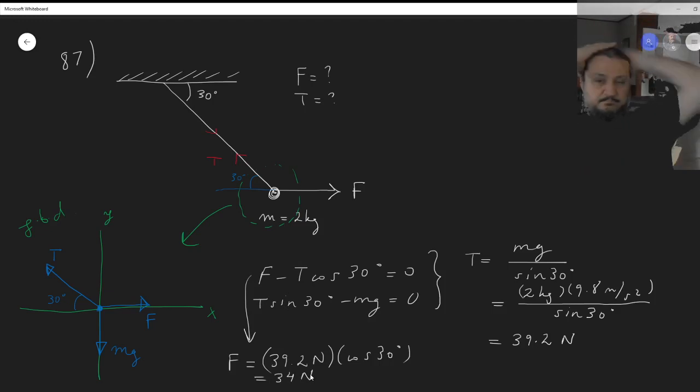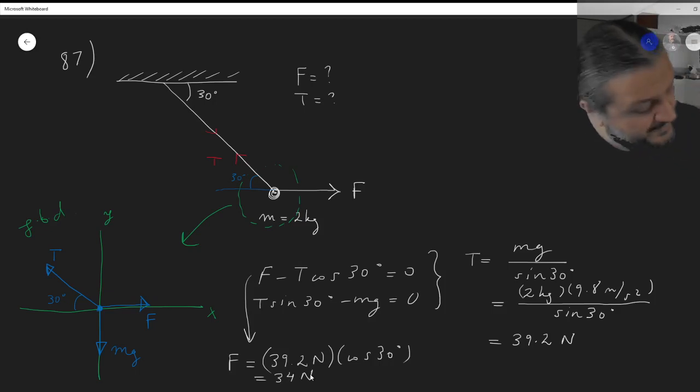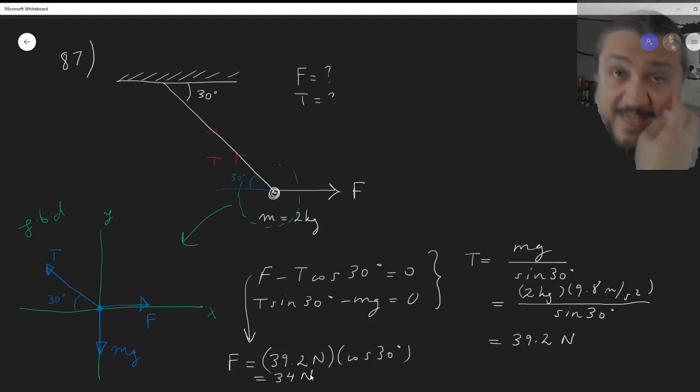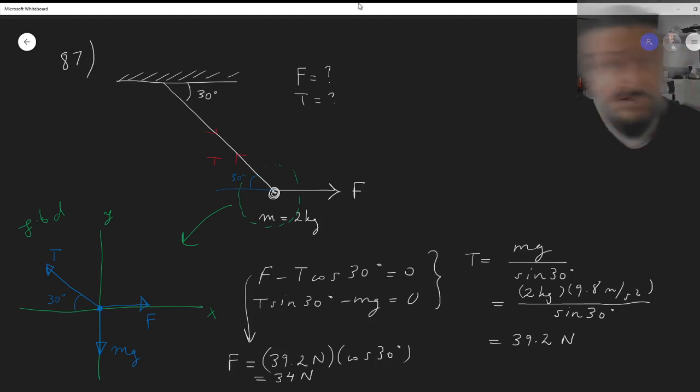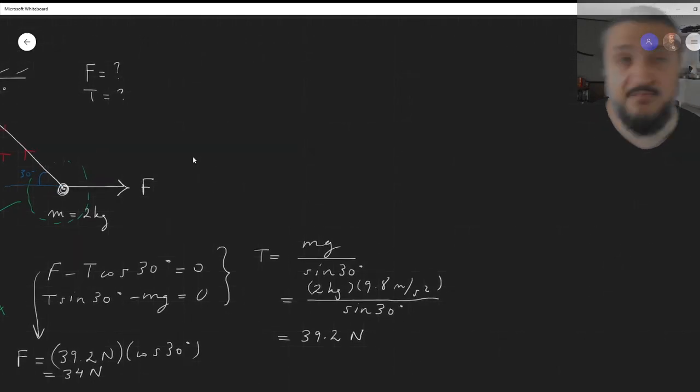Now, is that the only way to solve these two equations? Like part A is find F, part B is find T. I first found T and then found F. Maybe you want to first find F, because that's part A. You want to do part A first and then part B. What are you going to do then?